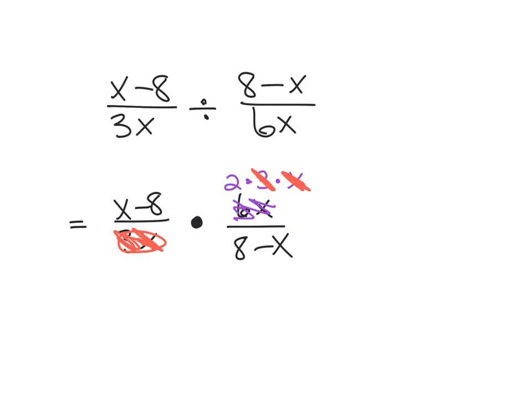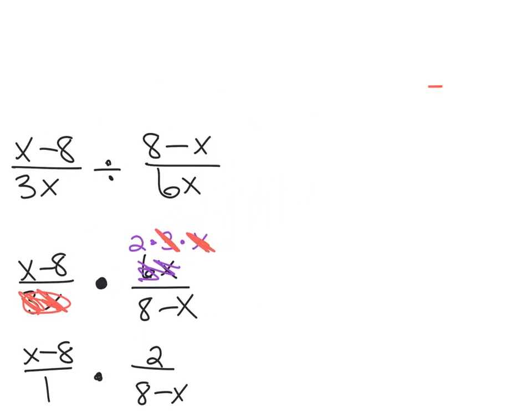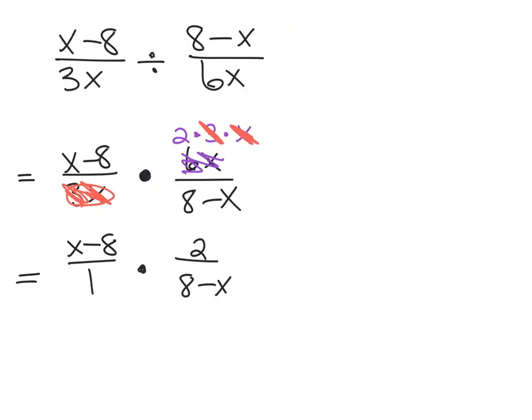And then what do we end up with? Well, technically, our first fraction here is x minus 8 over 1 times our second fraction, which is 2 over 8 minus x. All right, and now the directions, by the way, said for us to type our answer in factored form. So what does that mean? That means ordinarily we would multiply straight across if this was like 6th grade math.